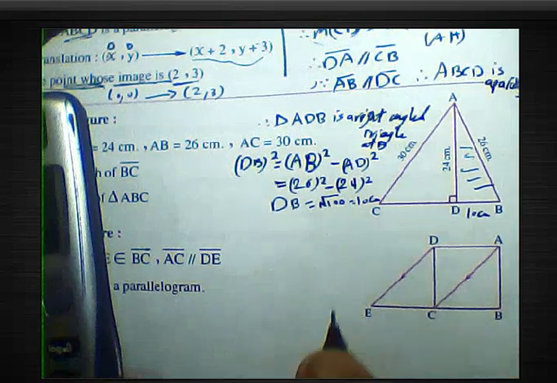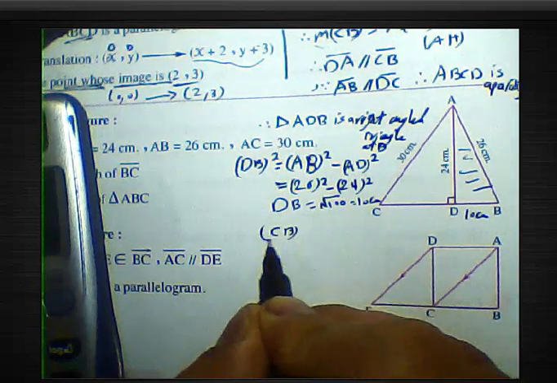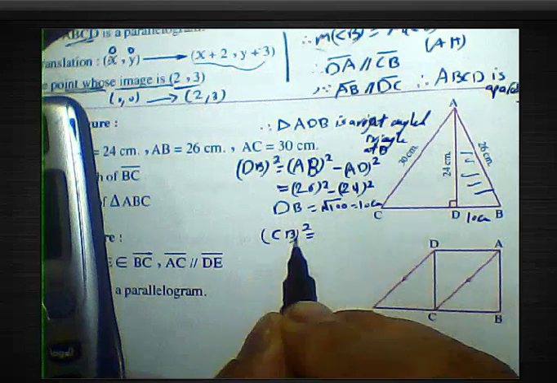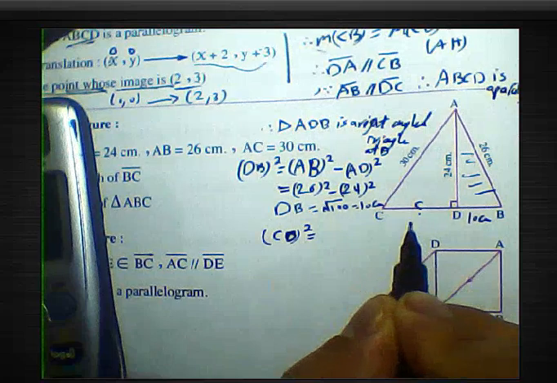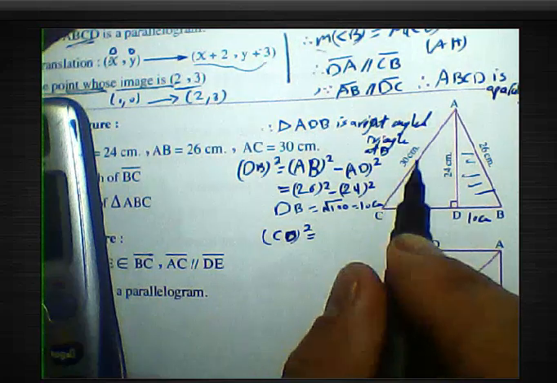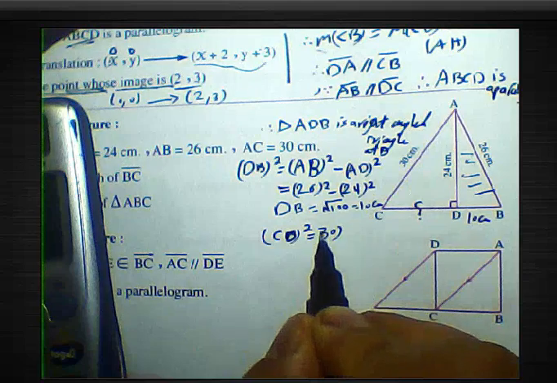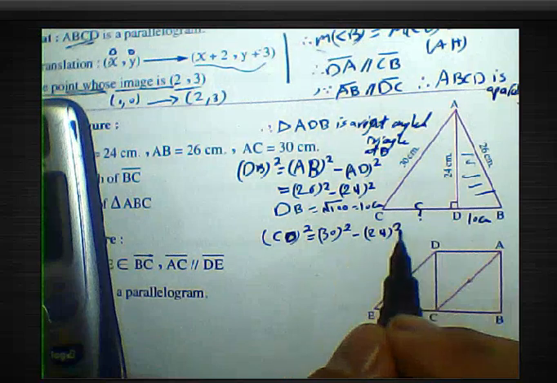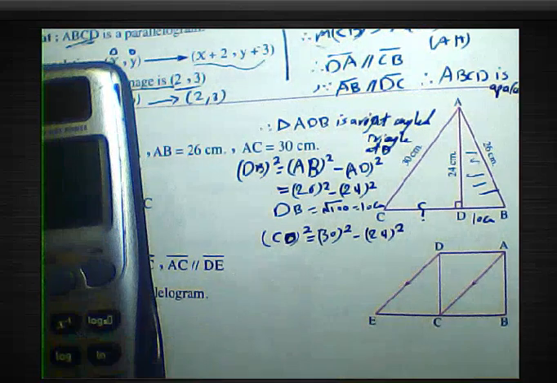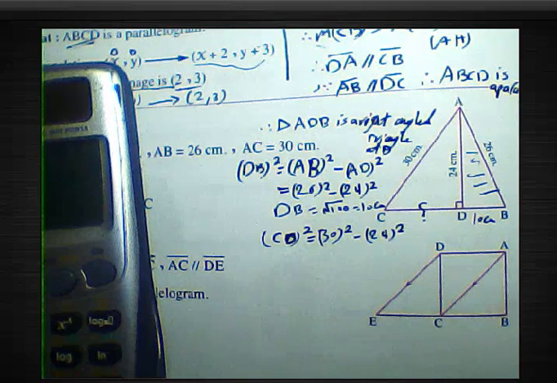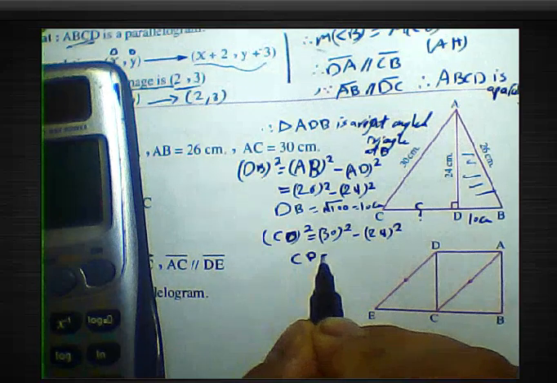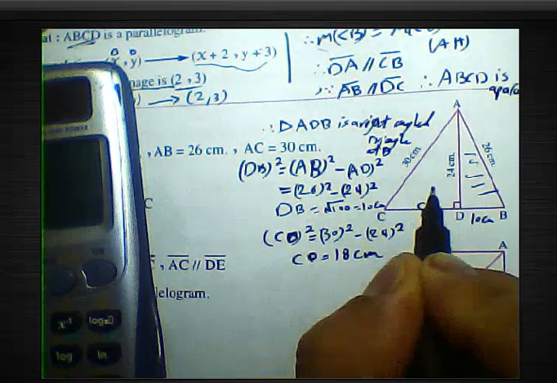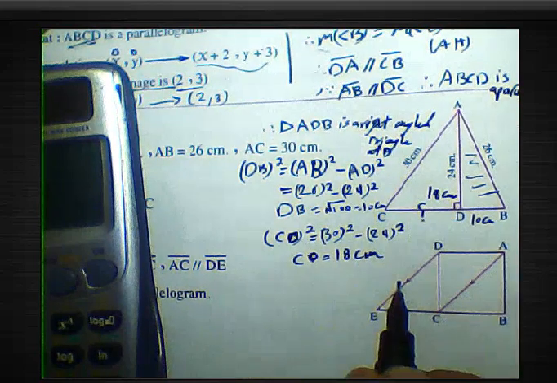CB squared, CD squared, this side. Okay, we can find the square of the hypotenuse here, 30, subtract 24, and then find the square root of the result. 30 squared is 900, subtract 24 squared, the result will be 18 centimeters. CD equals 18 centimeters.